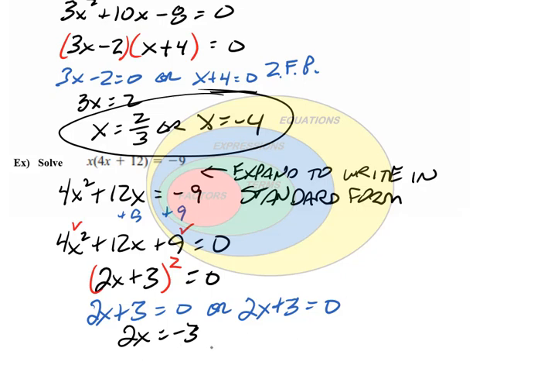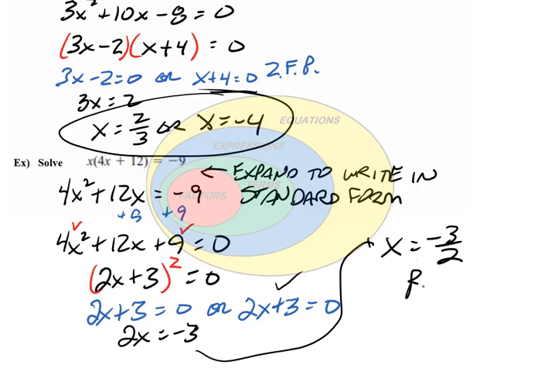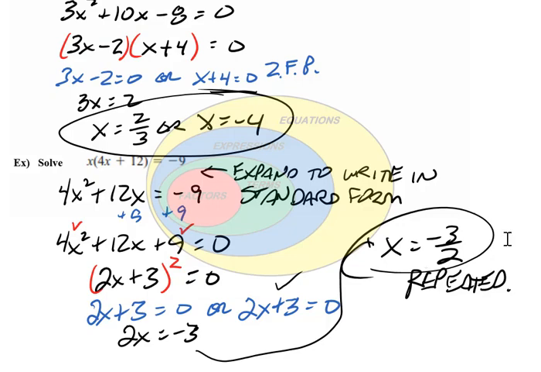Of course, if I solve the other one, I'm going to get the same answer. So the answer is -3/2 for both. A lot of times when we do this, we will say that x equals -3/2 repeated, and that'll make a little more sense later on. But for right now, it only has one answer because it was a binomial squared, and each binomial gives me the same answer.